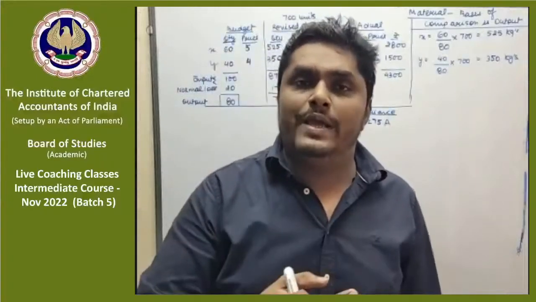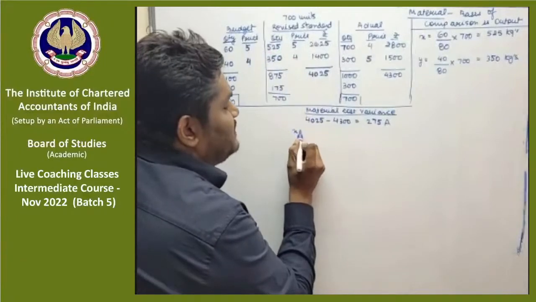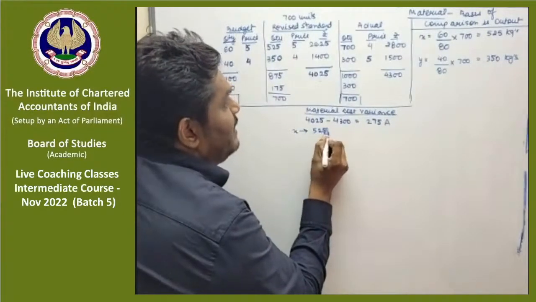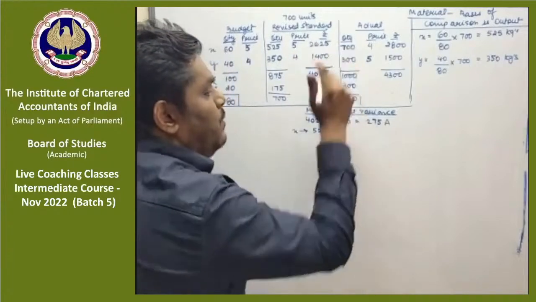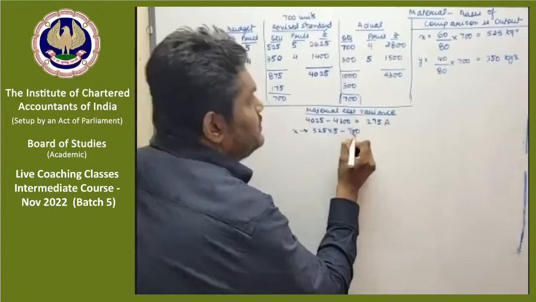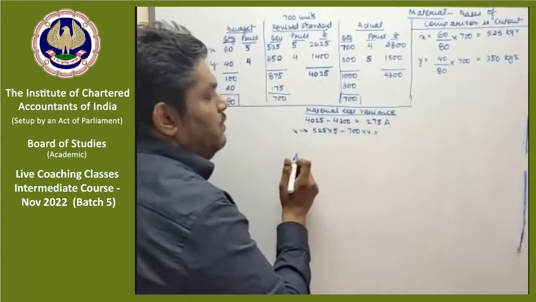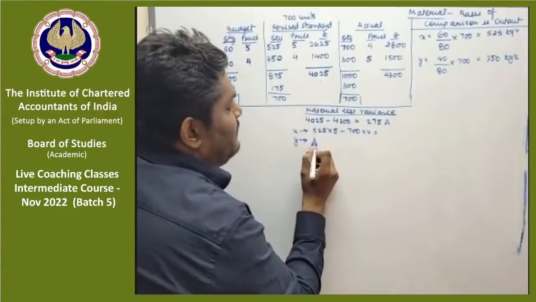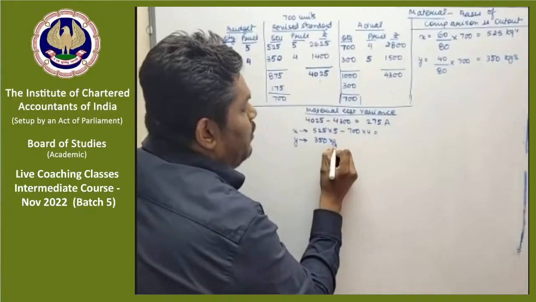Alternatively, we can also calculate it this way. How much quantity of X was supposed to be used? 525 kgs, at the rate of 5. But how much quantity did we actually use? 700 at the rate 4. Similarly for Y, how much quantity was supposed to be used? 350 kgs at the rate 4.